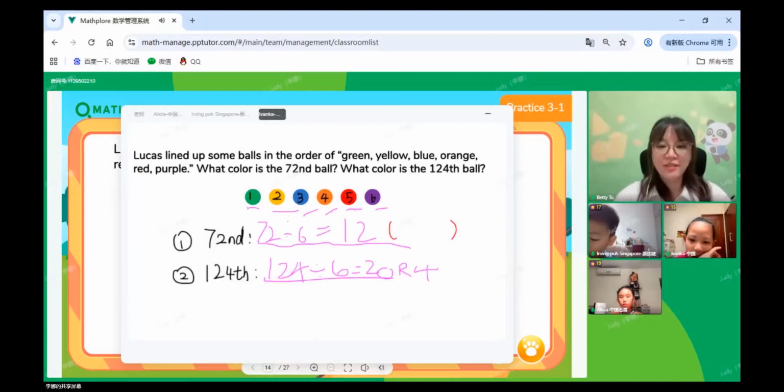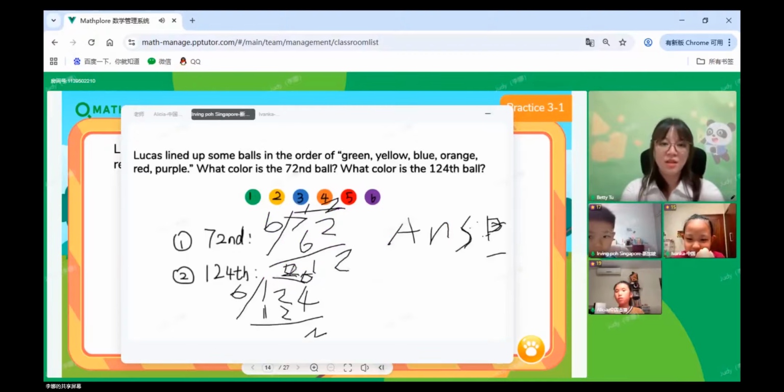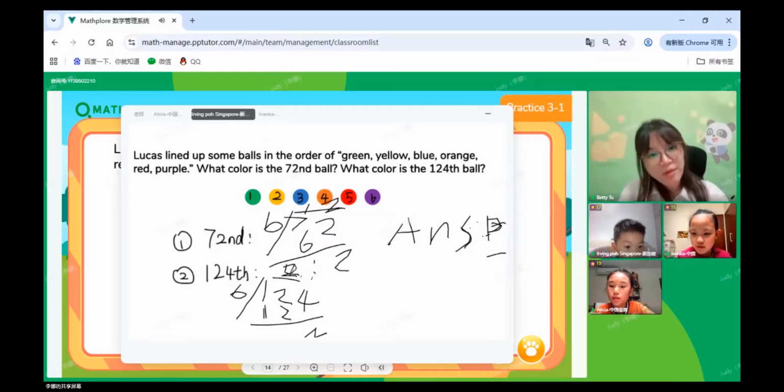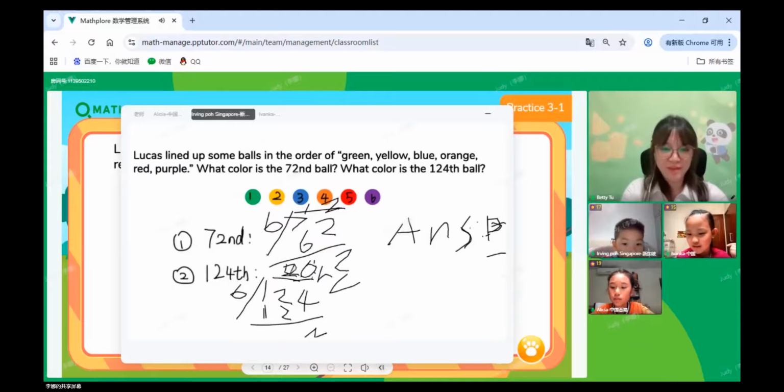Okay, and Ivanka, how about this one? If the remainder is 4, what color is that? What color is the 124th? 20 remaining 4.